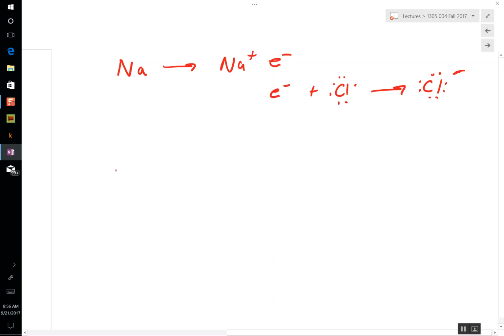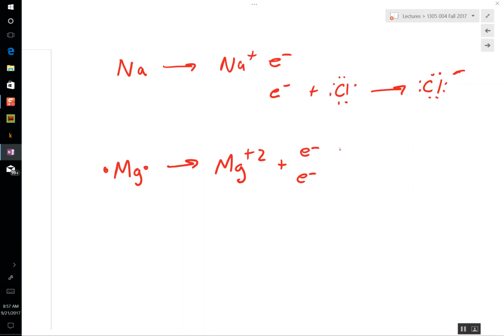But let's ask the question here, what about magnesium? Magnesium loses 2 electrons. There's 2 electrons. So what happens there? That adds to a chlorine.